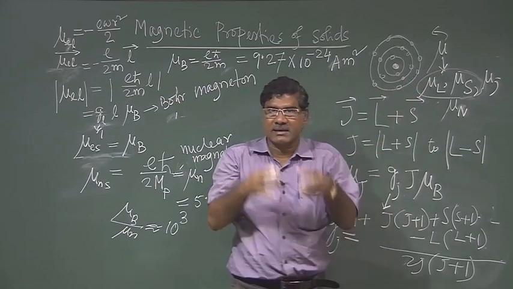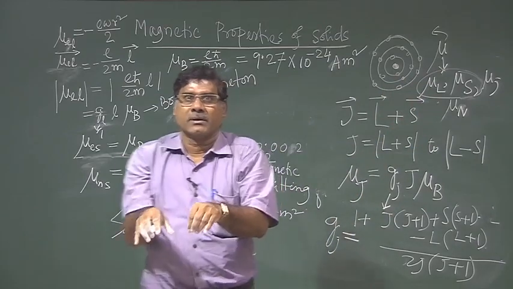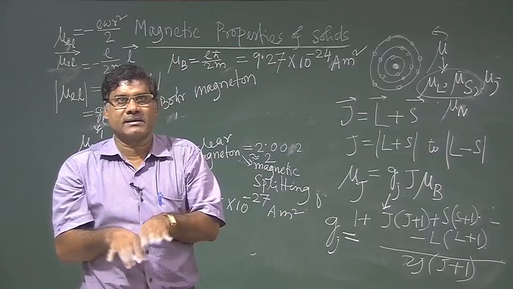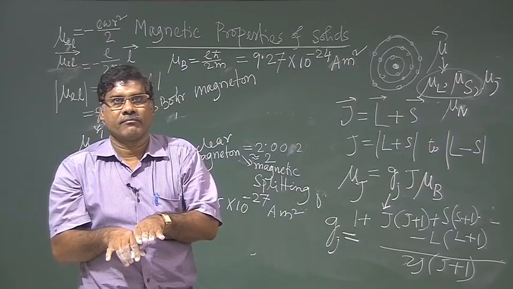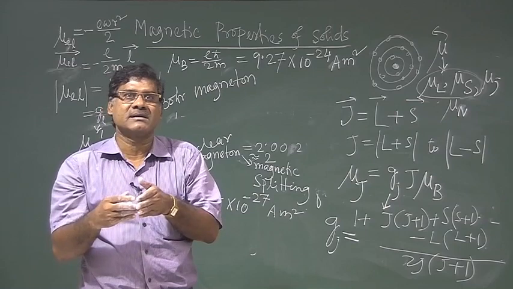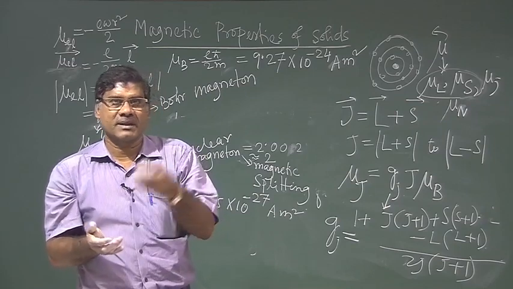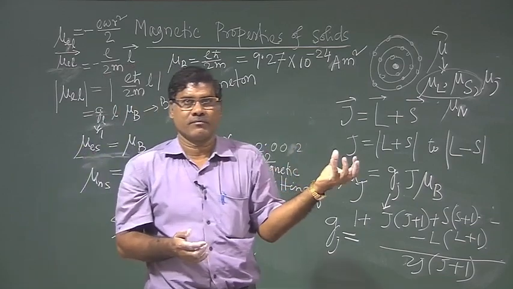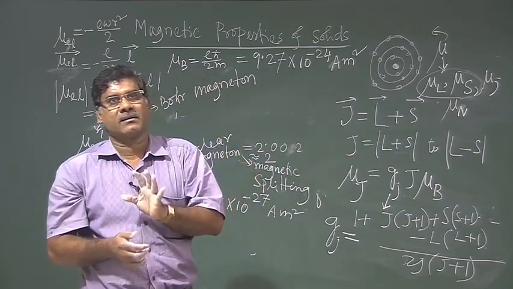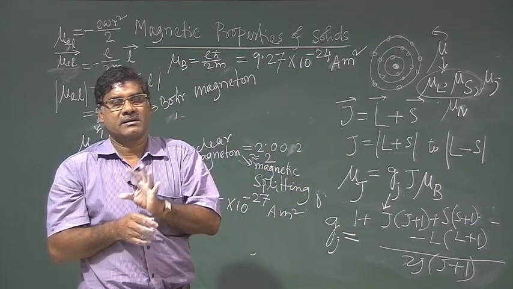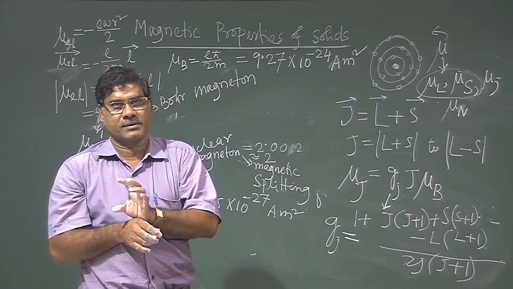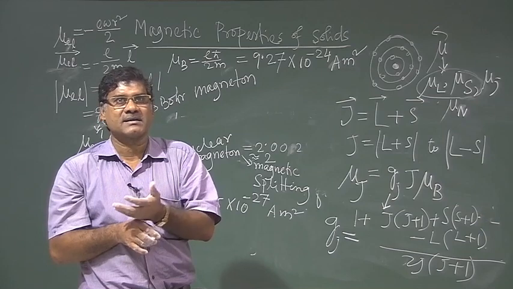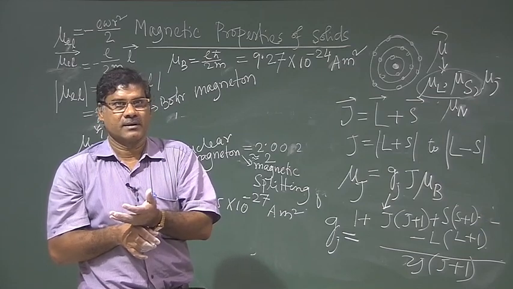When this atom is put in a material, in a lattice, its situation is different. Whatever magnetic moment the atom shows as an isolated one, when it is put in a material it can be different, and in most cases it becomes different.